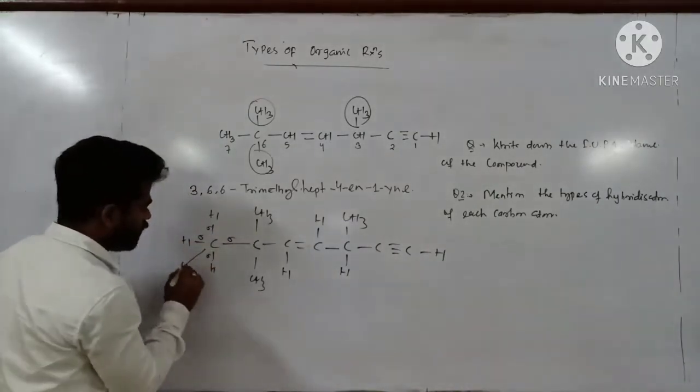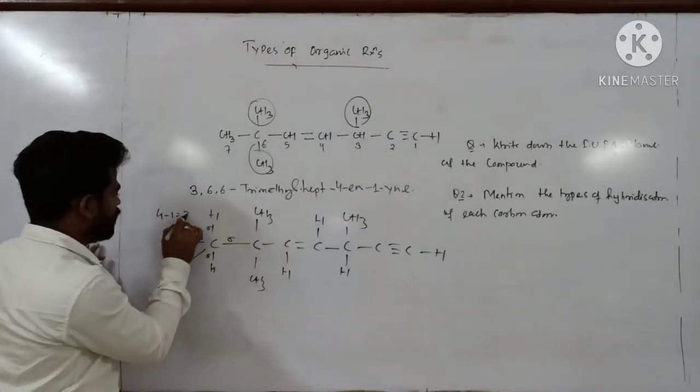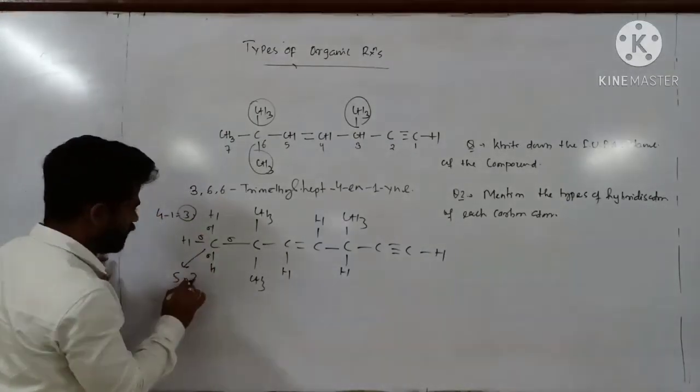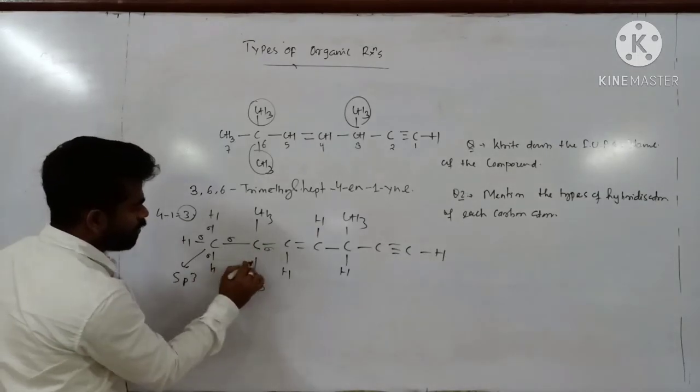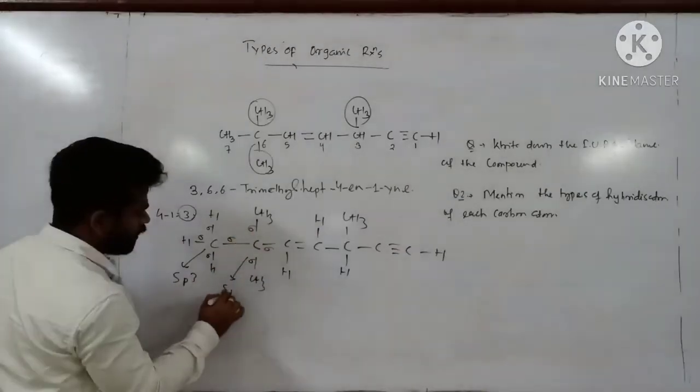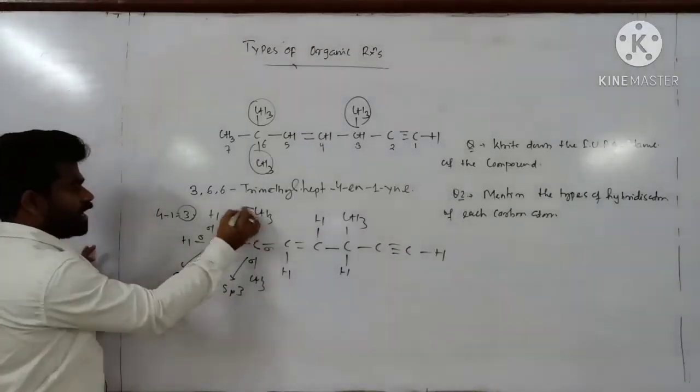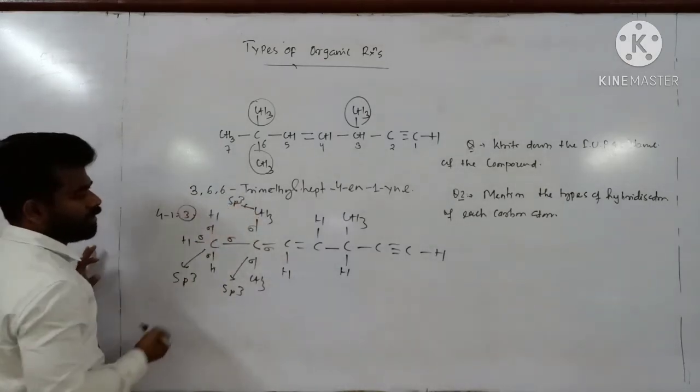So this one is 4 minus 1, 3. 3 means sp3. Here how many sigma bonds? Again this one also sp3. And each methyl, no doubt, is sp3.